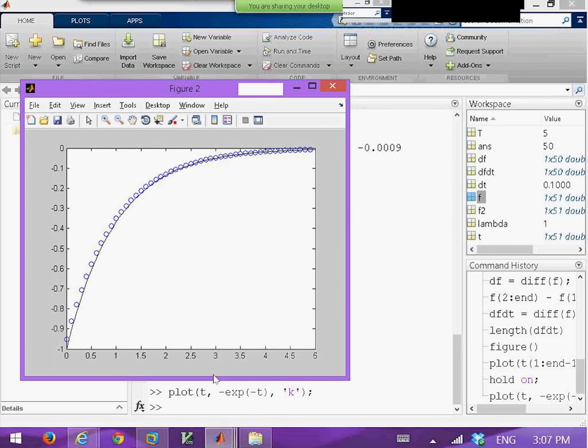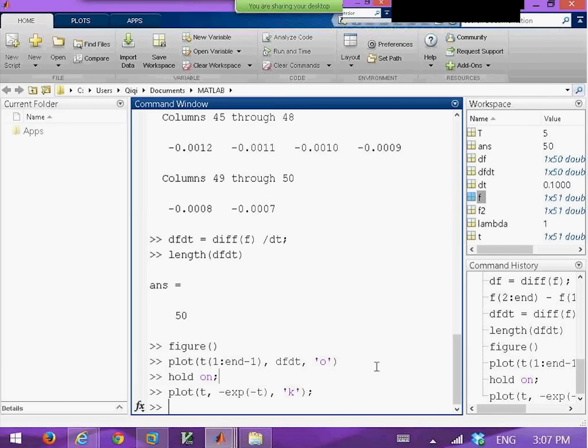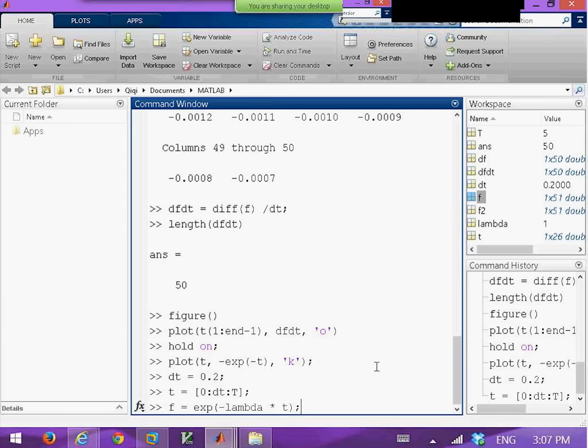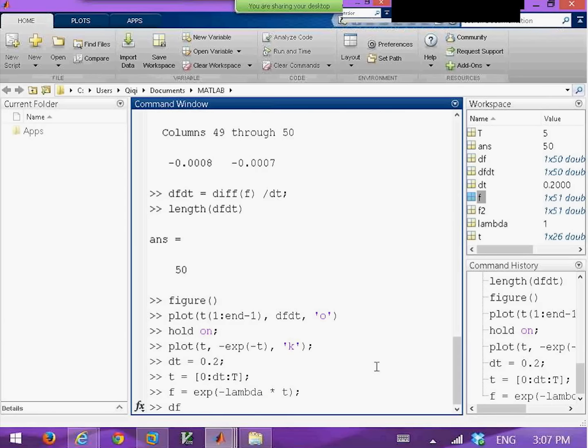This error increases by a factor of 2. Let's just try this to see if what I said is true. 0.2, okay. I'm going to repeat what I was doing. I need to do t first. T equal to this. F is equal to this.